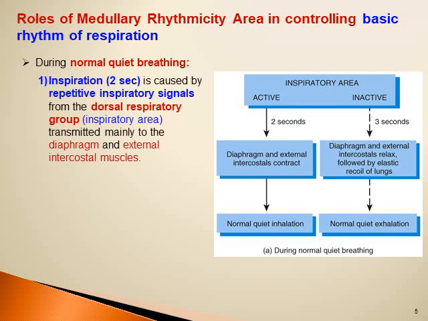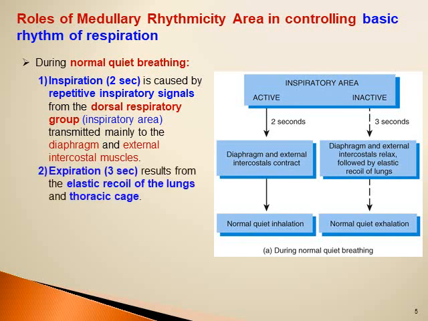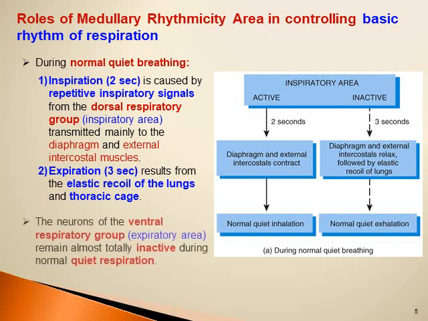Therefore, inspiration for 2 seconds is caused by repetitive inspiratory signals from the dorsal respiratory group, which is the inspiratory area, transmitted mainly to the diaphragm and the external intercostal muscles. The following 3 seconds, which is expiration, results from the elastic recoil of the lungs and the thoracic cage.